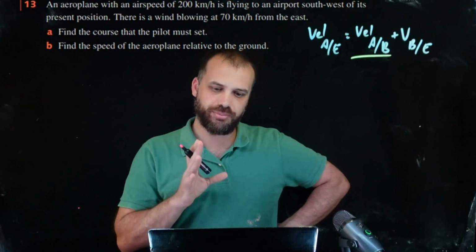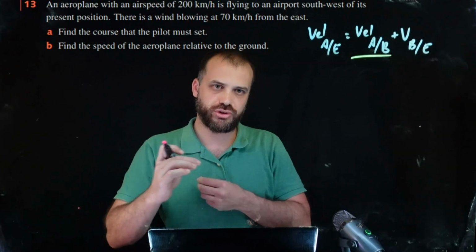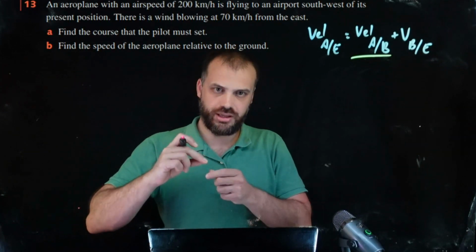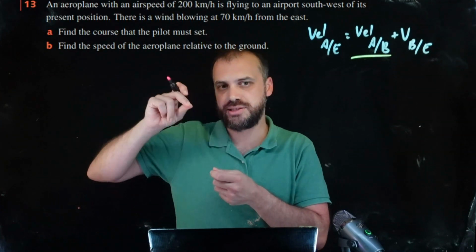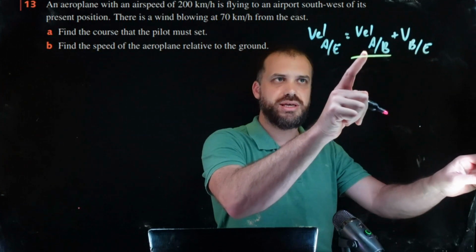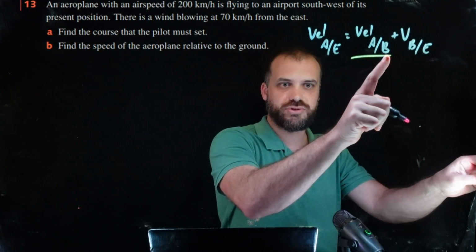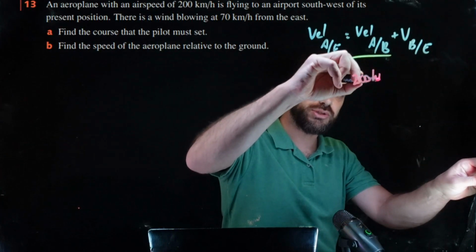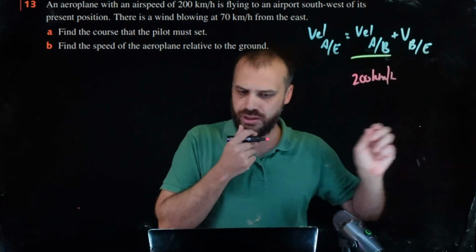We know that the aeroplane has an airspeed of 200 kilometers an hour. Airspeed is the plane's speed relative to the wind, right? So that belongs here, plane relative to the wind, and that speed is 200 kilometers per hour.